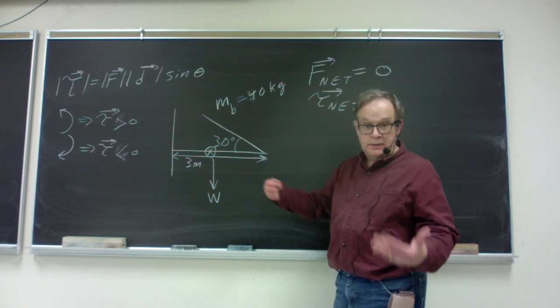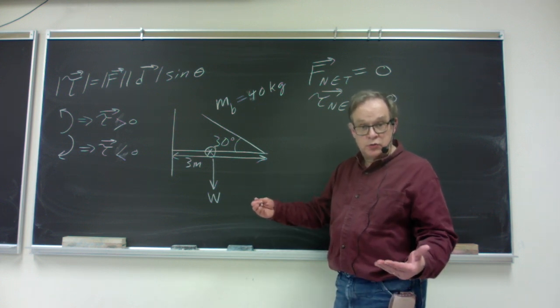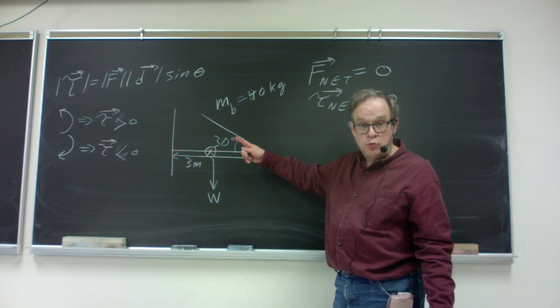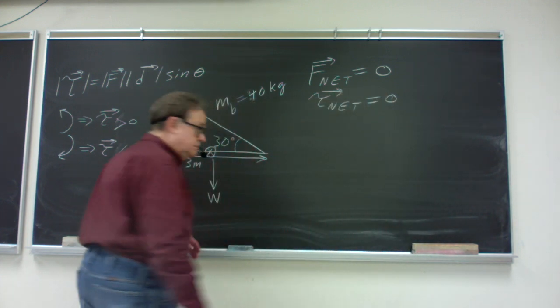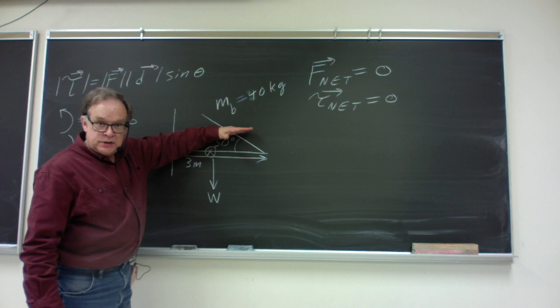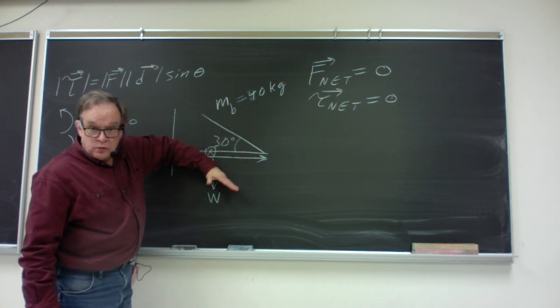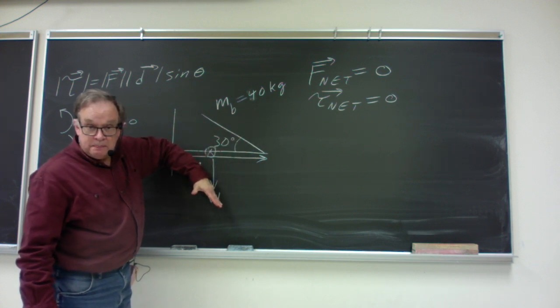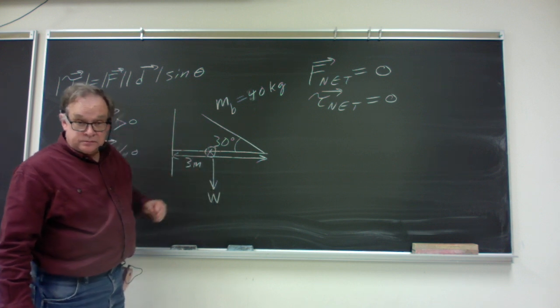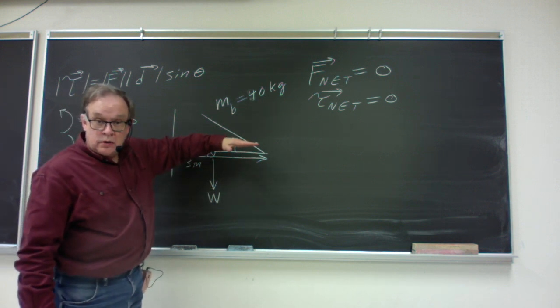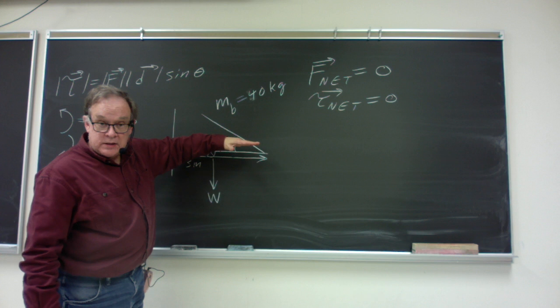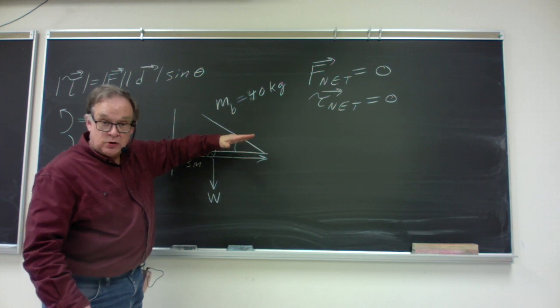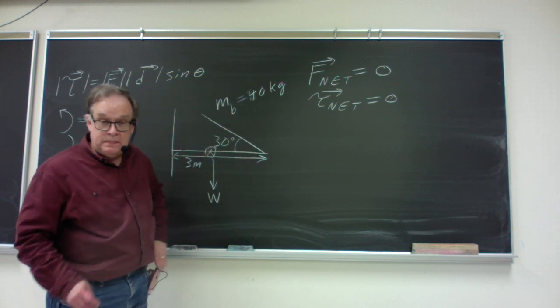Right, the most likely way in which it would start to accelerate is if the tension is too weak. Then this beam would start rotating this way. In other words, the rotational velocity of the beam would change from zero to not zero.